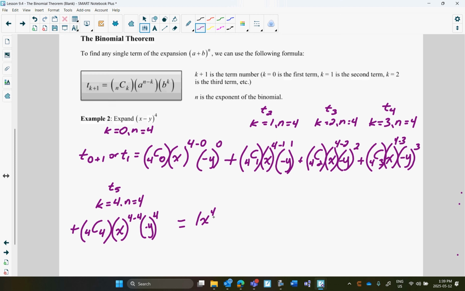Negative y to the 0 is just 1, because the negative's in parentheses. So, and then this times 1 is just the same thing, right? So I really don't need this. Because that's just the same as times 1.